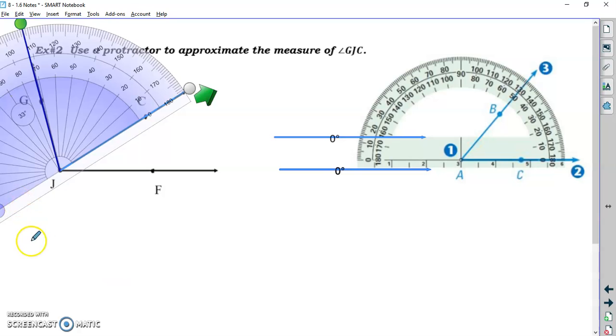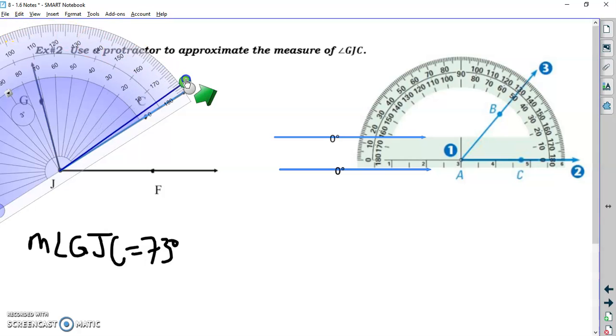So our measure of angle GJC is 73 degrees. Don't know why this says 33. Let's try that again. So we're at 0. There we go. 73 degrees. When I let go, it goes to 33, but it is in fact 73 degrees.